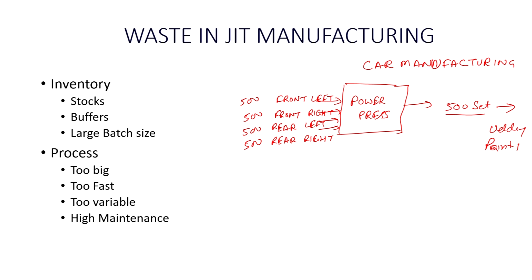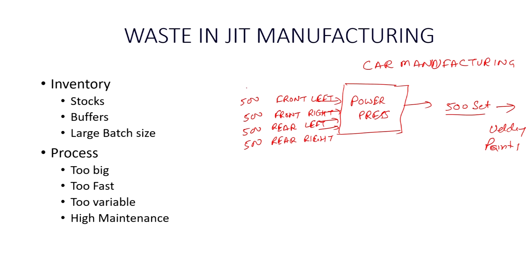And it may also happen that by the time you are producing these 500 sets, there may be a change in the requirement from the assembly area. They may say that there is a change in the assembly now from the market, but you do not have the flexibility to do that. Unless you produce all the 4 parts in 500 quantities, the sets are not complete, so it will not be possible to use them.